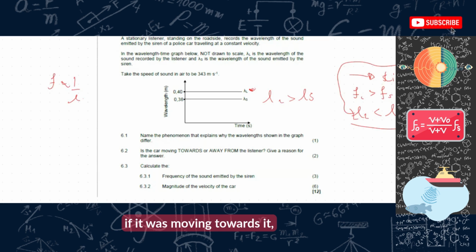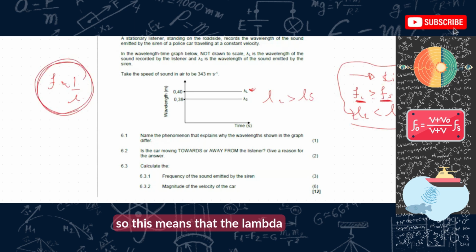If it was moving towards the listener, the frequency that the listener hears must be greater than the frequency of the source. The frequency is inversely proportional to lambda, so the lambda of the listener would be less than the wavelength of the source, which is not what we see here.